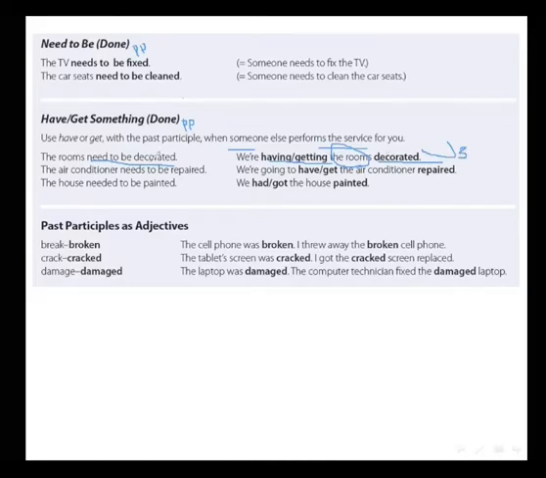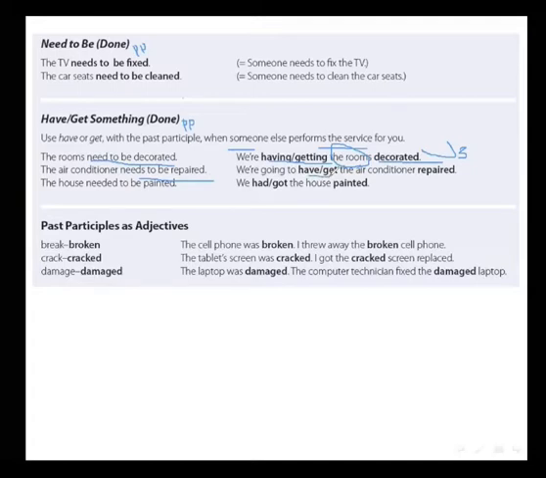Okay, here we add ing. Why? Because verb to be. The air conditioner needs to be repaired, so I need someone else to perform this service for me.